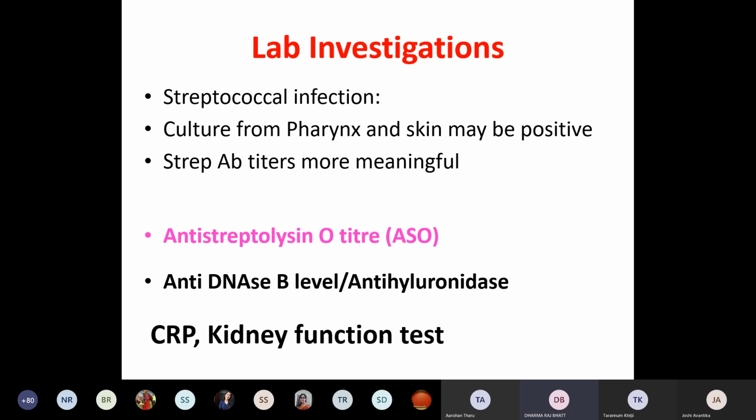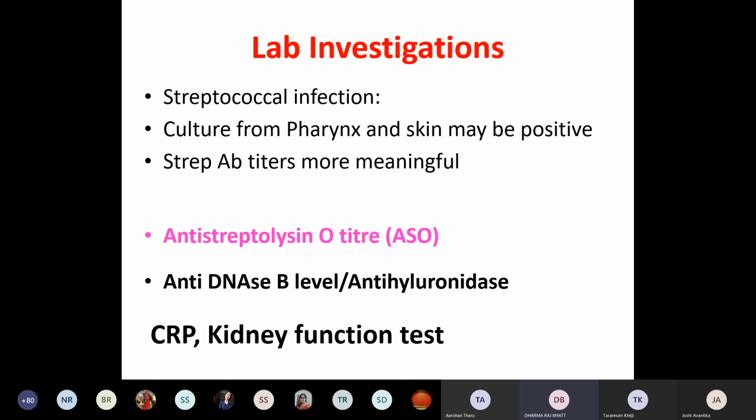That's why we have studied a number of other proteins and enzymes produced by this organism, against which our body produces antibodies.